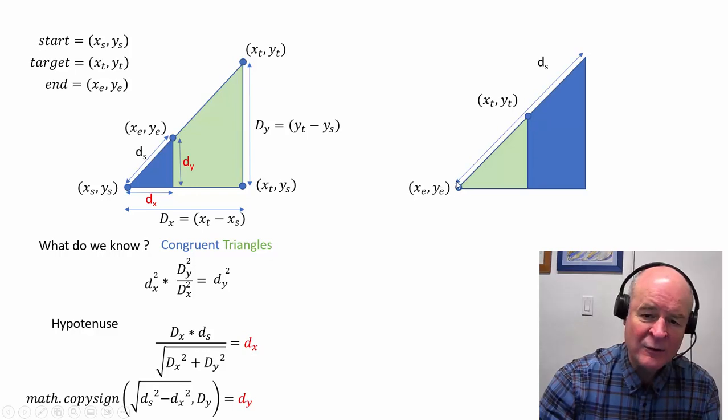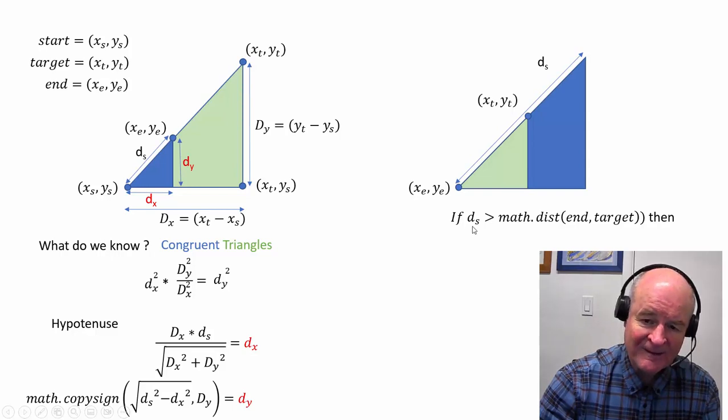And so before I move and do this calculation using these formulas, because this will go right past xt, yt, I need to say: if the distance I want to move is greater than the distance between my end and my target, and this is a math function that just does the square root for you, that takes the distance, so if ds is greater than the distance between the end and the target, then I just want to say that the end is equal to the target. I want to stop here.